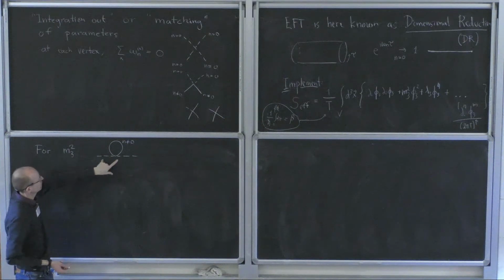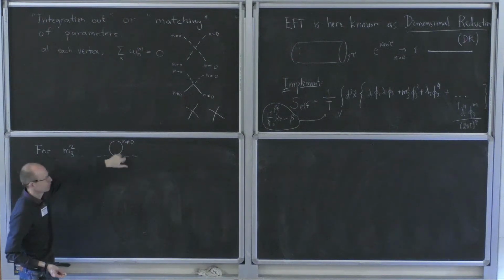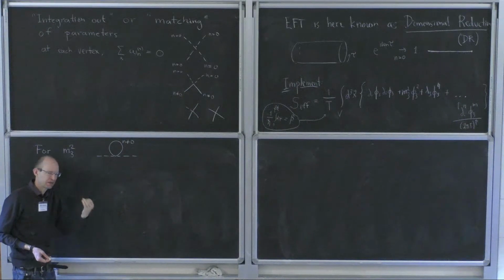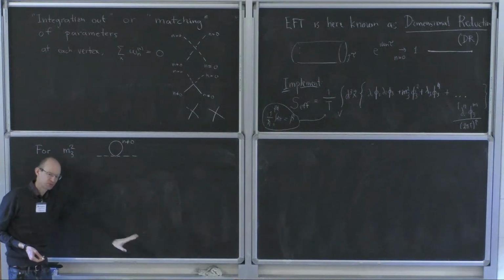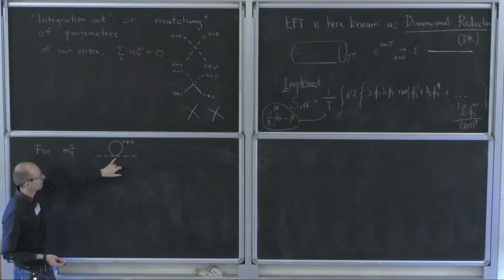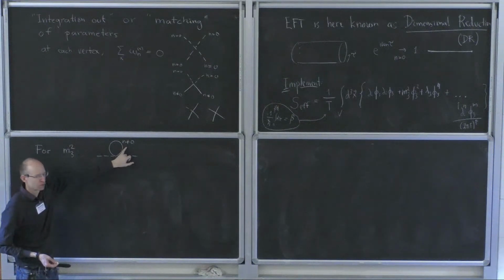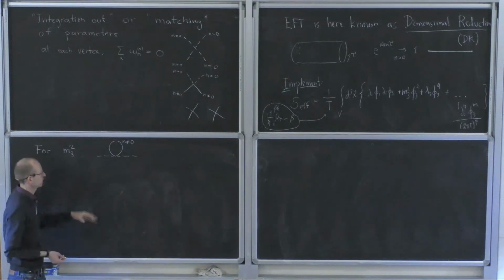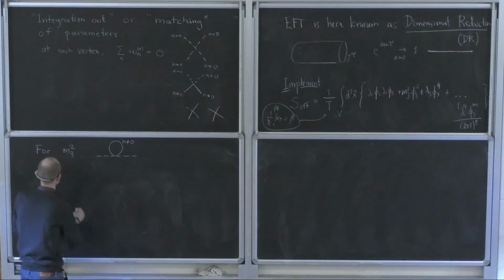Of course, I also have a vertex which has a 0 mode in the loop, but that I don't need for the matching. That is the dynamics of the 0 modes, and I'm postponing that till later on. So at this matching stage, I only need to consider diagrams where there is at least one non-zero mode. Those I have to treat now, and the difficult dynamics of the 0 modes I treat later on.